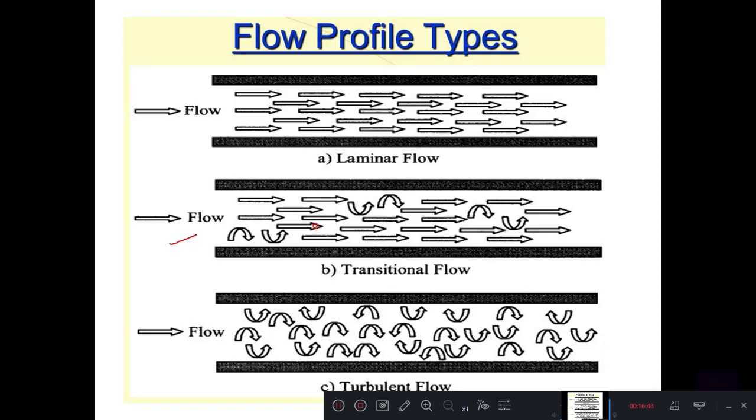Each of these flows behaves in a different manner in terms of their frictional energy loss while flowing, and has different equations that predict their behavior.